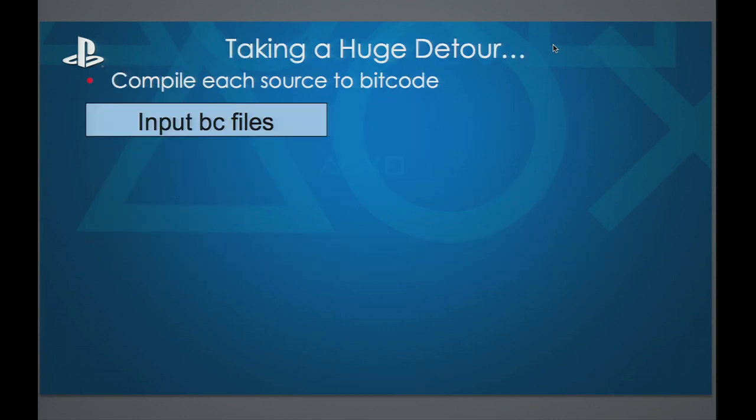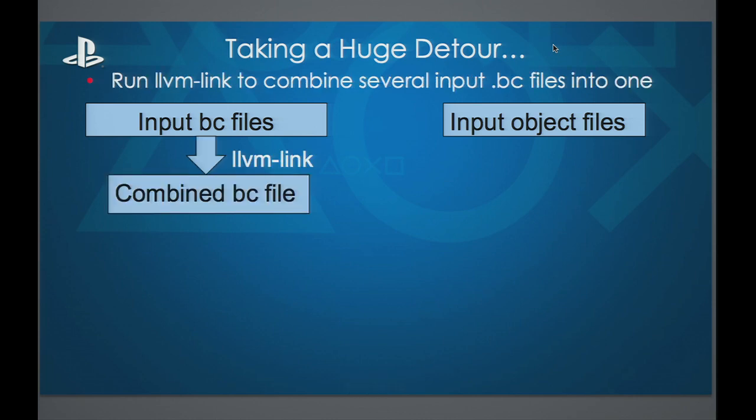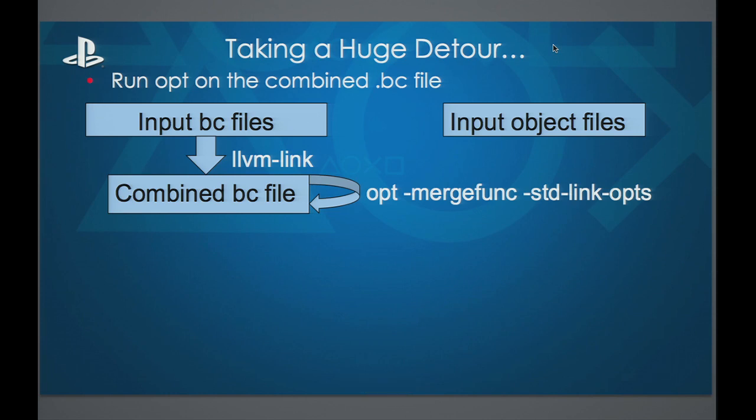First, we use Clang to compile each source file to a bitcode file and put those on one side. We save the input libraries and object files for later. And we use llvm-link to combine all these bitcode files into one file. Now we run opt on this combined bitcode file.